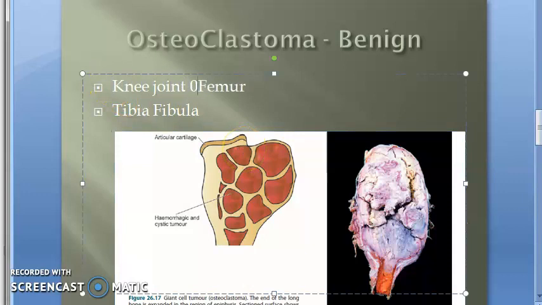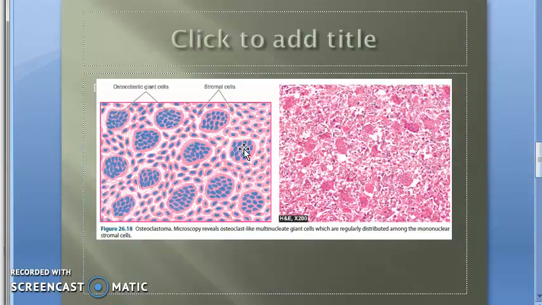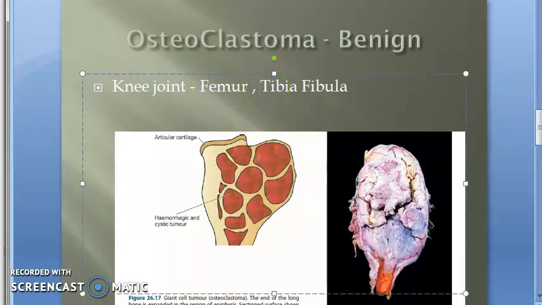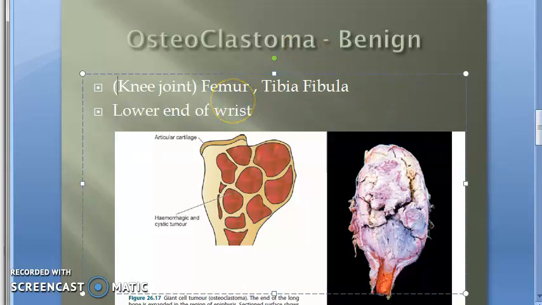Lower end of femur, and upper end of tibia, upper end of fibula, and then you have the lower end of radius, which will be near the wrist, right? So just remember, knee joint means femur will be lower end, tibia and fibula upper end. Okay. So this is where mostly it occurs.